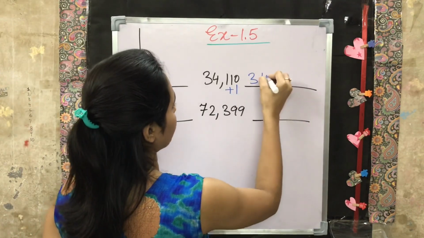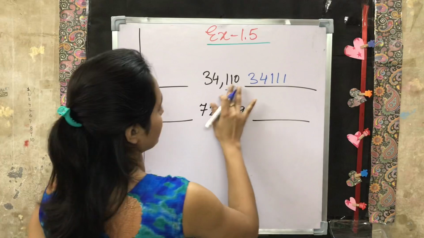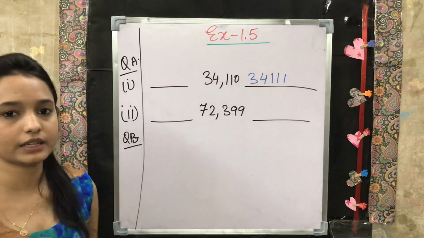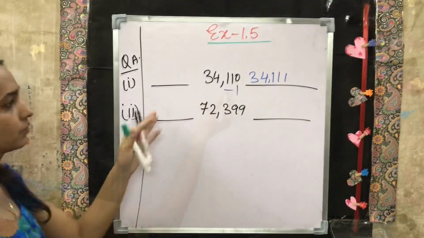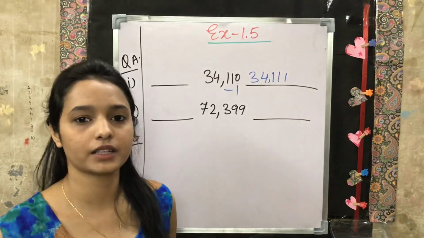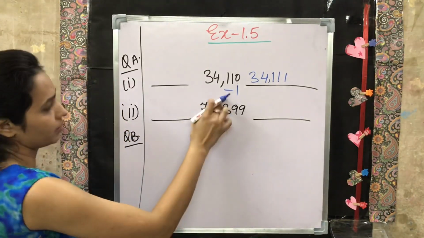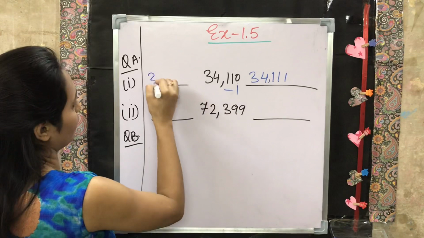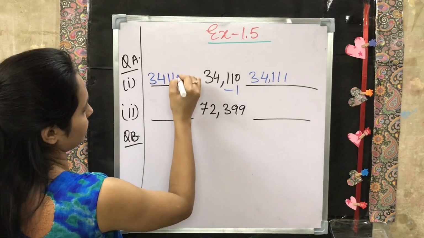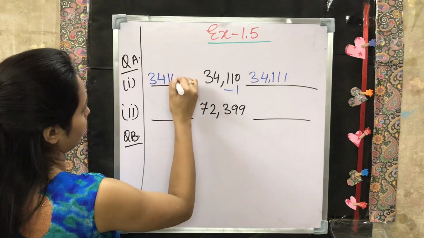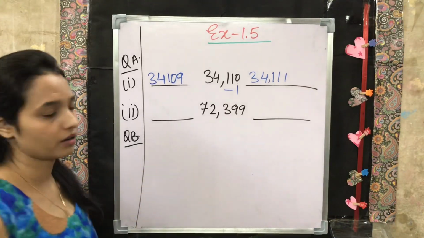So you will add and you will get 34,111. And now we have to find the predecessor of this number. We will subtract 1 from here. What will we get? It is 110, so 109. All right.